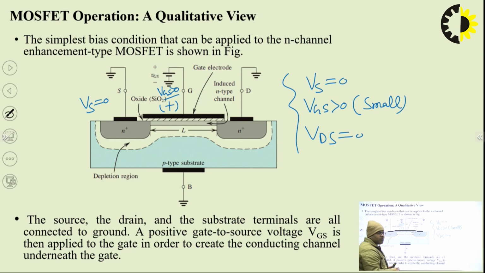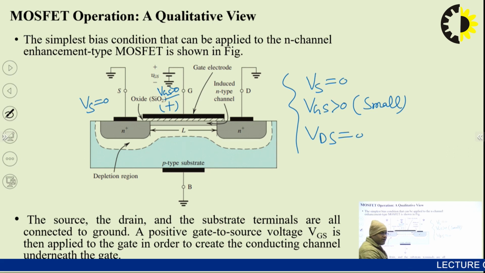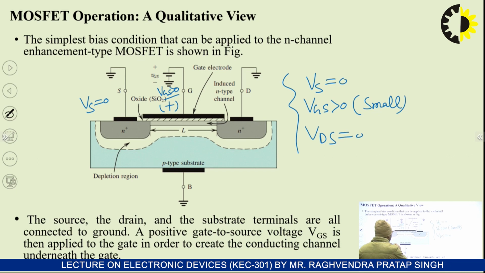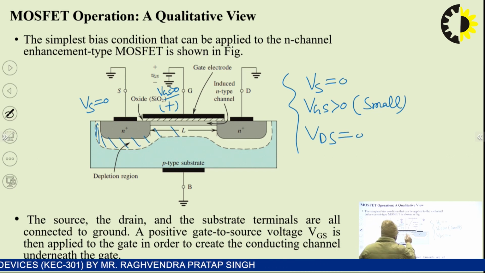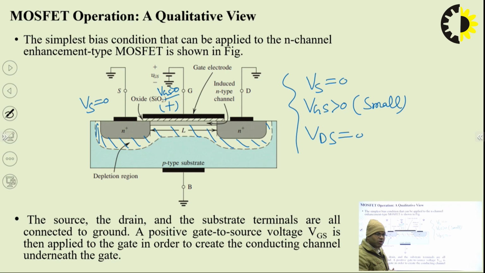They will leave some uncompensated immobile ions, basically known as acceptor ions. So a depletion region is created between N plus drain, N plus source, and P substrate. The depletion region is shown by the white color. In this region there will be no mobile carriers, no holes, no electrons, only some acceptor ions.